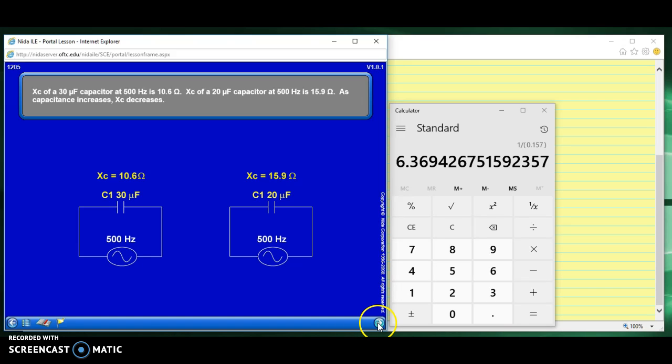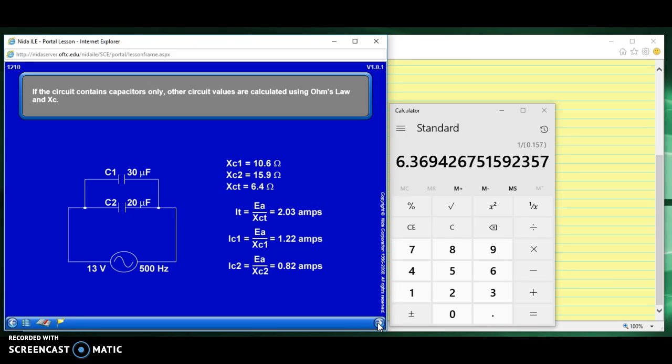And if the circuit contains capacitors only, other circuit values are calculated using Ohm's law. So basically, we just do IT, for instance. We get X sub C total and divide that out, and then we can get the individual currents for each one of those by dividing that into 13 volts, our applied voltage here.